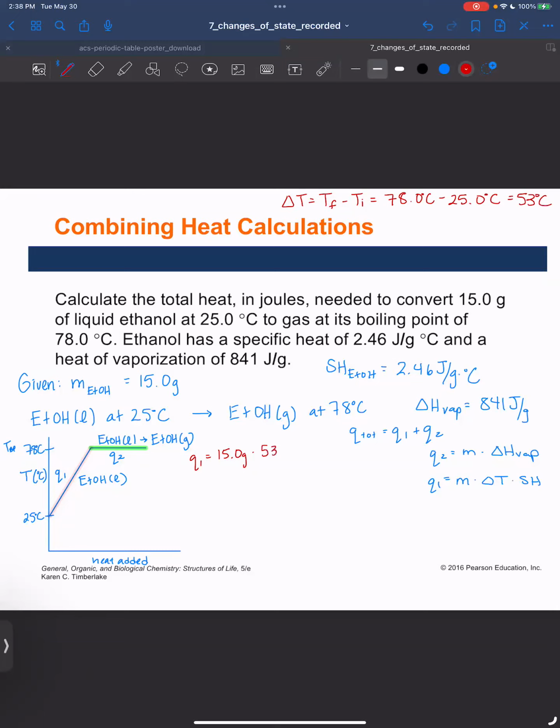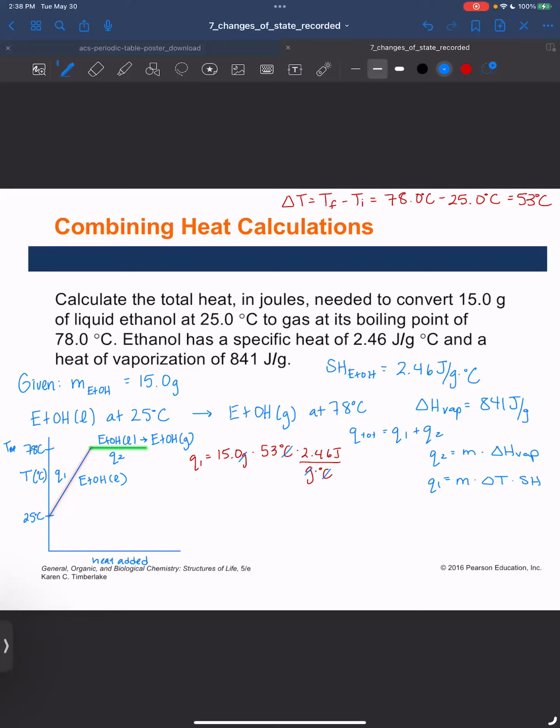So I'm going to plug in the change in temperature here, 53 degrees Celsius, and then times the specific heat, which was given to us, 2.46 joules per gram degree Celsius. Remember, specific heat is a unique value for that substance, so we need to be given that for ethanol. In this formula, the grams cancels out, the Celsius cancels out.